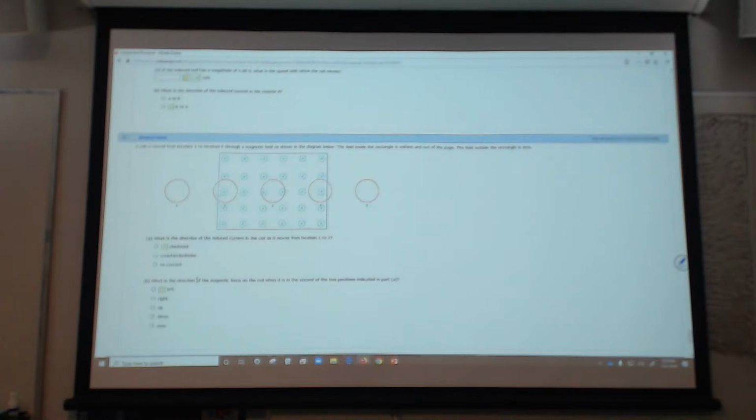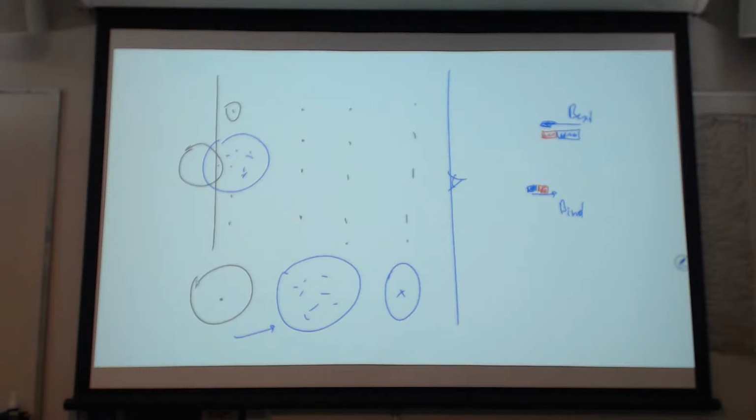And what's the question actually? What is the direction of the magnetic force? I wouldn't even have to do that. I could just take a look at a part of this loop.